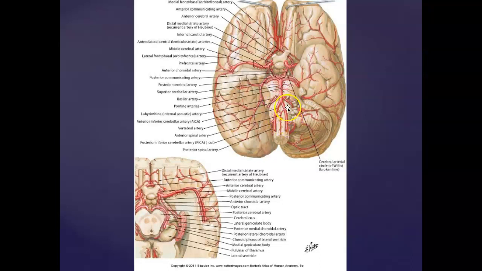As they come together, these 2 vertebral arteries join, and where they join, that becomes now this basilar artery. The basilar artery is important here. It's right on the ventral surface of the pons. You can see the pons on the front side here. And remember that the brainstem here does a lot to help keep us alive. And so a stroke or an issue with the vasculature here is life-threatening.